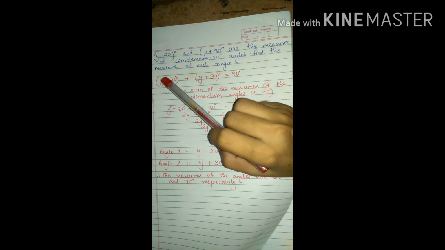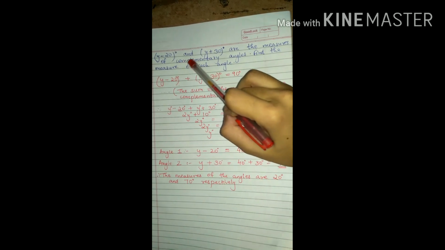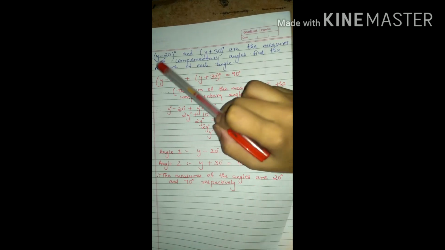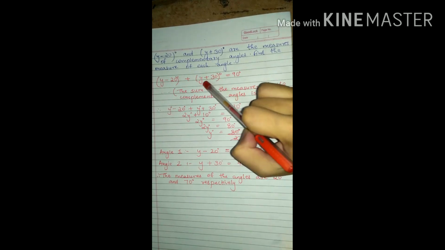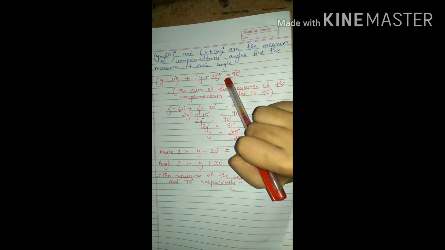As I have told you, angle 1 plus angle 2 equals what? 90 degree, in case of complementary angles. When they have told you that the two angles are complementary, then the addition of both angles needs to be what?